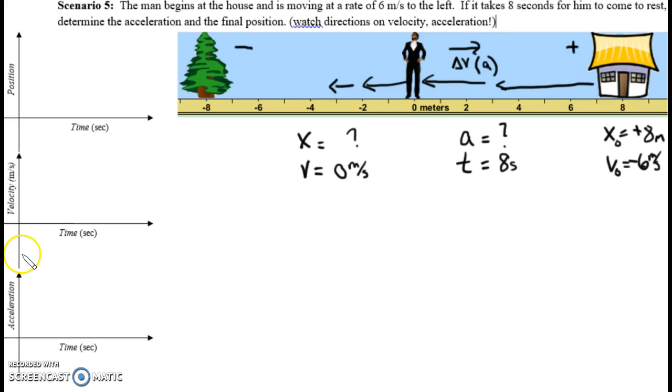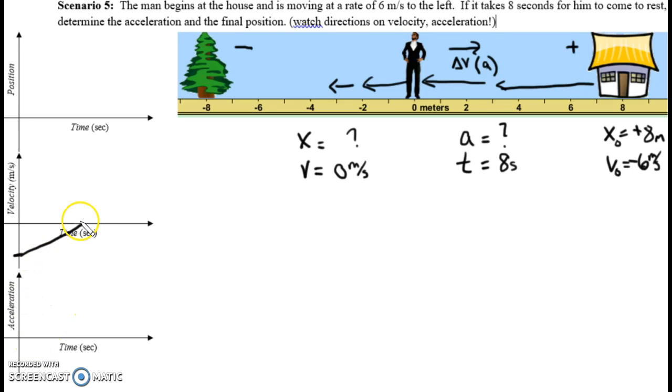Before doing the math, the two graphs I will do are the velocity versus time and the acceleration, just because. All right, so we start at a negative 6 meters per second. So we're going to start below the time axis and it's going to come to rest, which means it's going to go to the time axis. So our velocity versus time graph is going to look like this.